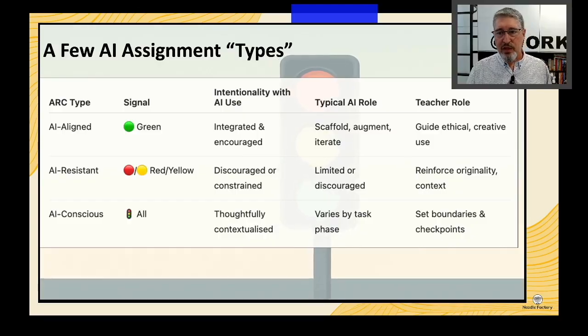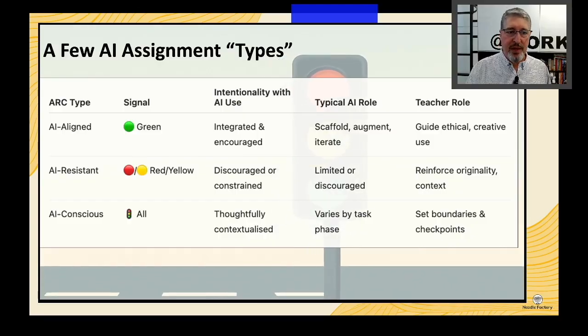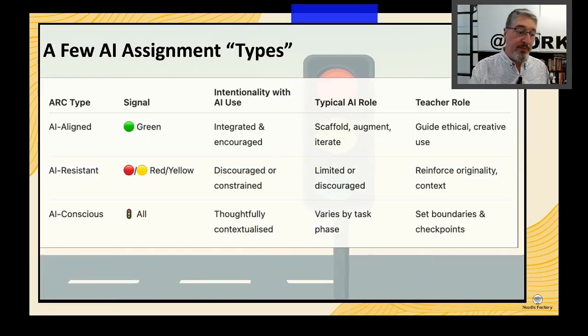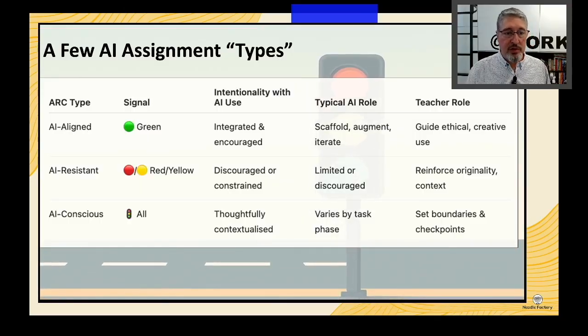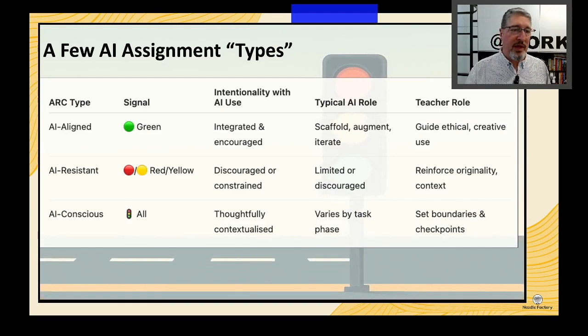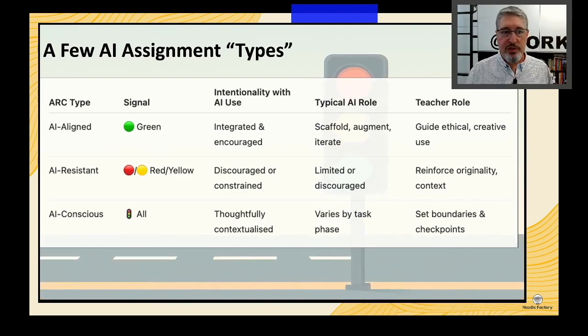Things that AI can do very well simply by copying and pasting out of a general purpose tool to complete some sort of activity or project. I don't want to allow for that, and so I make it really hard for a learner to just copy and paste. So here what we're trying to do is reinforce originality and context and critical thinking, and there are a lot of different ways that we can do this.